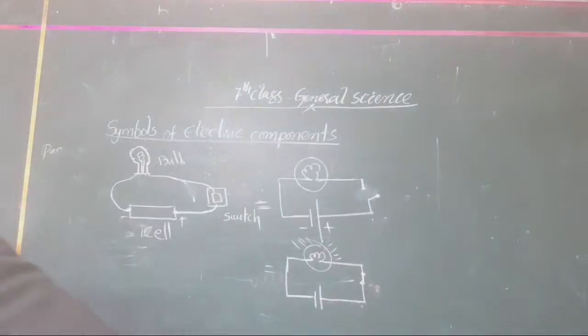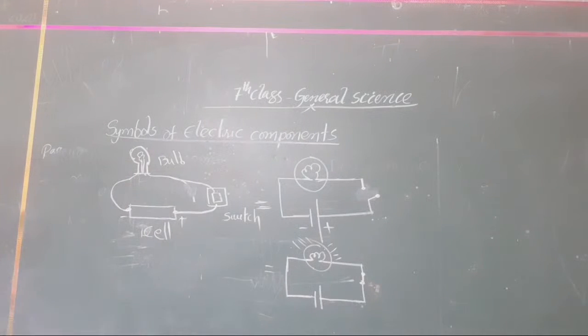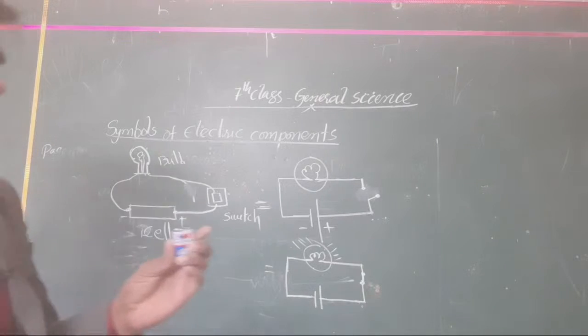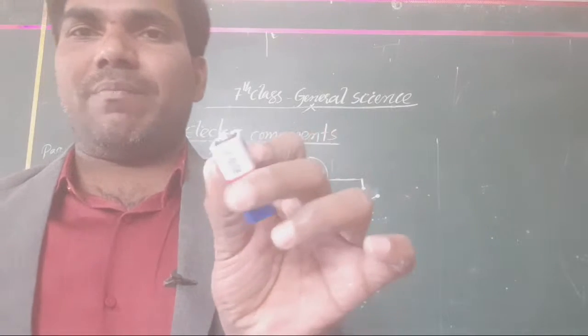The construction of a simple circuit is on the next page, after these symbols, page number 66. How to construct one simple circuit like this? We have to take a battery here.